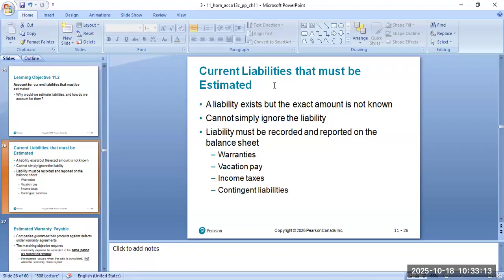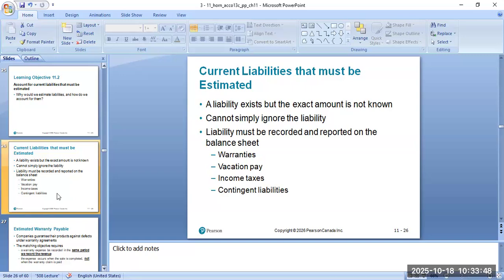In that case, we cannot simply ignore the liability, and we have to find a way to come up with a reasonable estimation in order to record the liability in the balance sheet. Which are those instances that we have to show on the financial statements? That will be the warranty, vacation payable, income taxes, or contingent liability.